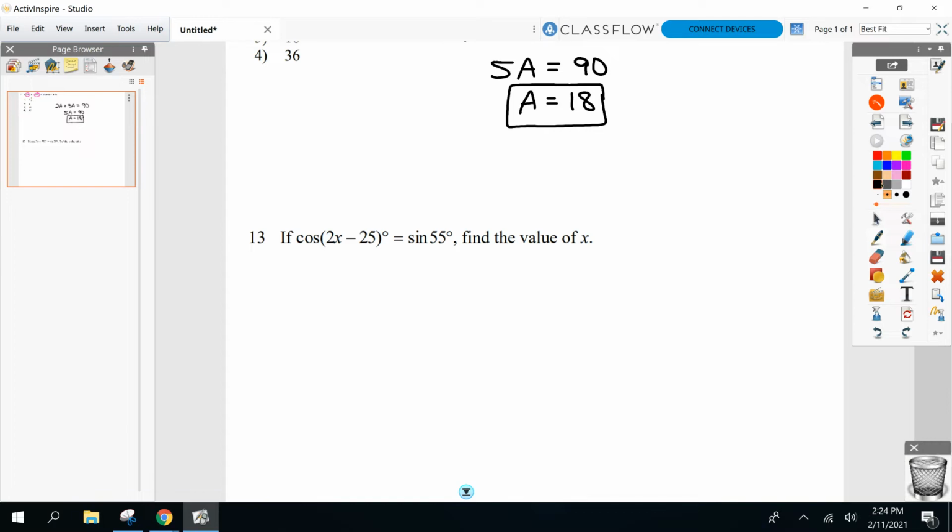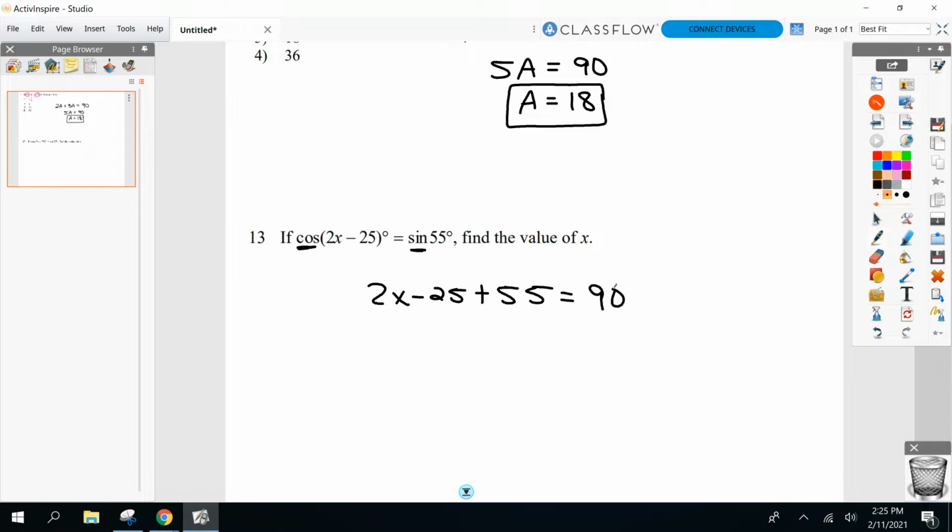All right, so again, I got cosine equal to sine. The only time those two ratios are going to be equal is if their angles add to 90. Their angles have to be two acute angles that add to 90. I always say this in class, it's very easy just to set this equal to 55 and go. But cosine and sine ratios are only equal if their angles are complementary.